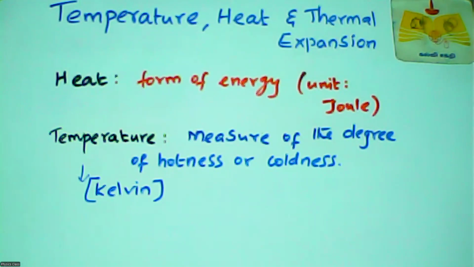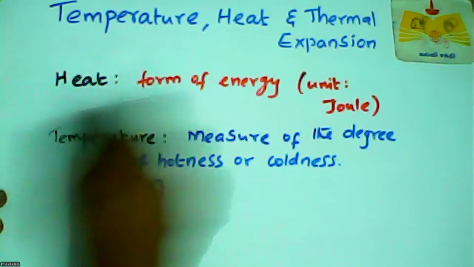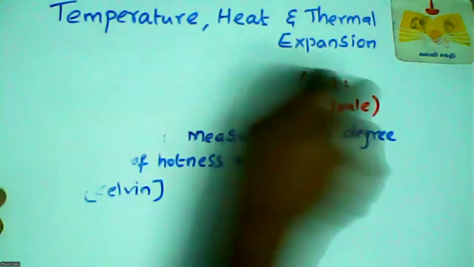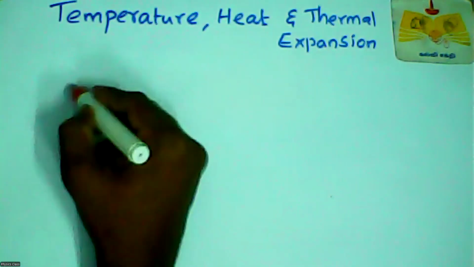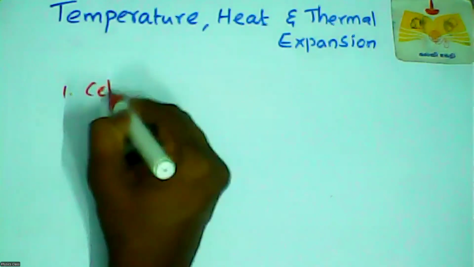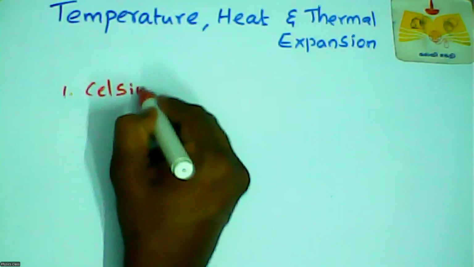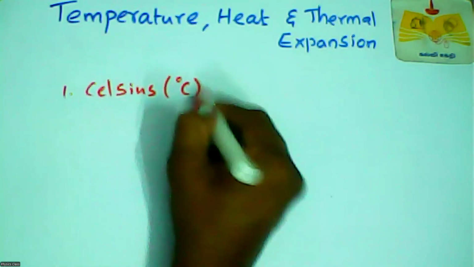Now we measure temperature on three main scales. You already know them: Celsius, Fahrenheit, Kelvin. First scale, Celsius scale, degree Celsius.